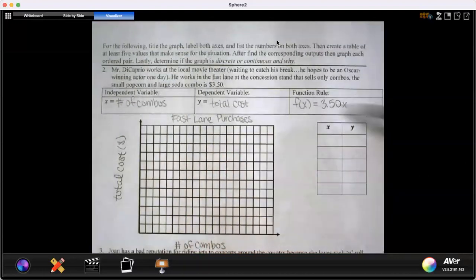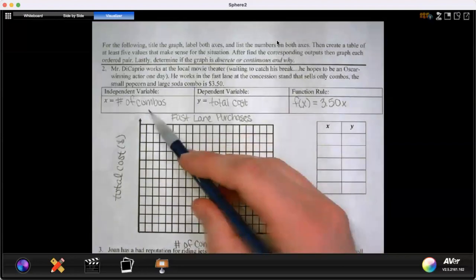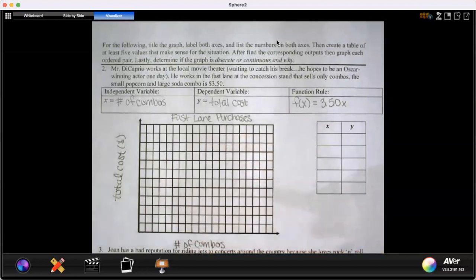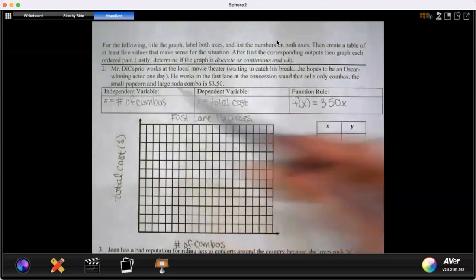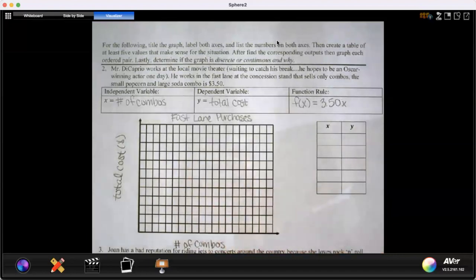Now, in this situation, does it make sense that I would have negative numbers? Am I going to have a negative amount of combos? No. Am I going to have half of a combo? No. So I'm thinking about positive numbers. And again, who's to say that I don't go by myself versus have a group of friends?